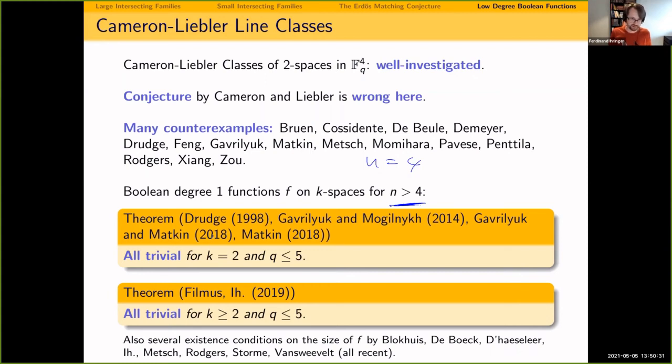This was shown iteratively for q equals 2 and 3 by Drudge, for q equals 4 by Gavrilyuk and Mogilnik, and then for q equals 5 again by Sasha Gavrilyuk and Matkin. They showed that all Cameron-Liebler line classes are only the easy examples that you can easily find, nothing complicated. That is very different to this case.